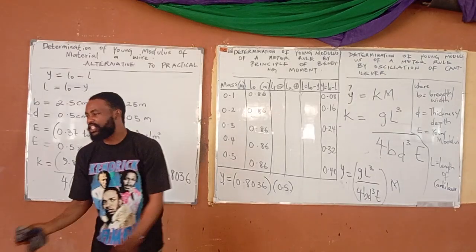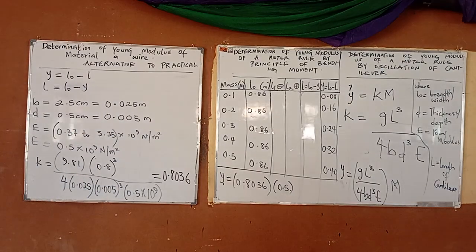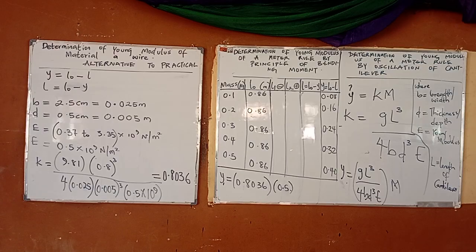This is how to go about this practical if you did not do it. And you will see that if somebody was in the lab to do this, your answer will be even more correct than that person's, unless the person really took his time to do the practical well, because this is from the formula.